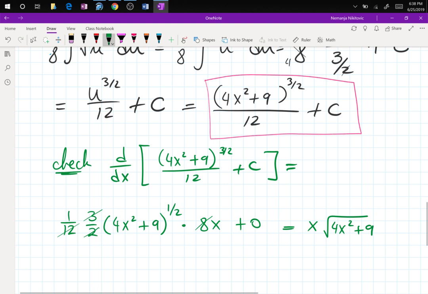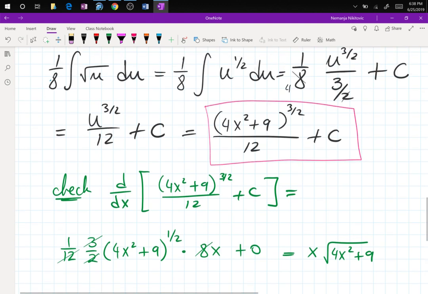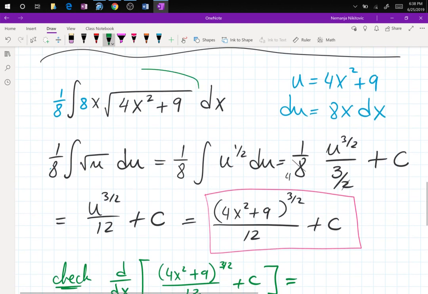Note that we had to do the chain rule to do the check, because u substitution is backwards chain rule. So of course you are going to use chain rule if you want to check. So our derivative matches the problem, therefore we're good to go.